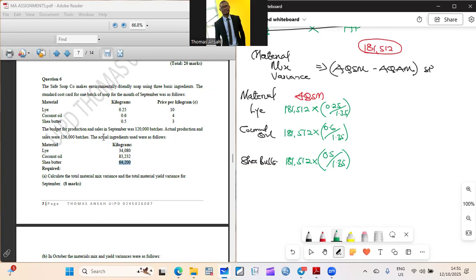And this is AQ, actual ingredients. Why don't you use only the line actual by using the total? Somebody is asking a question here in the face-to-face class: because we say AQSM, why didn't we pick this one and multiply it by the mix?